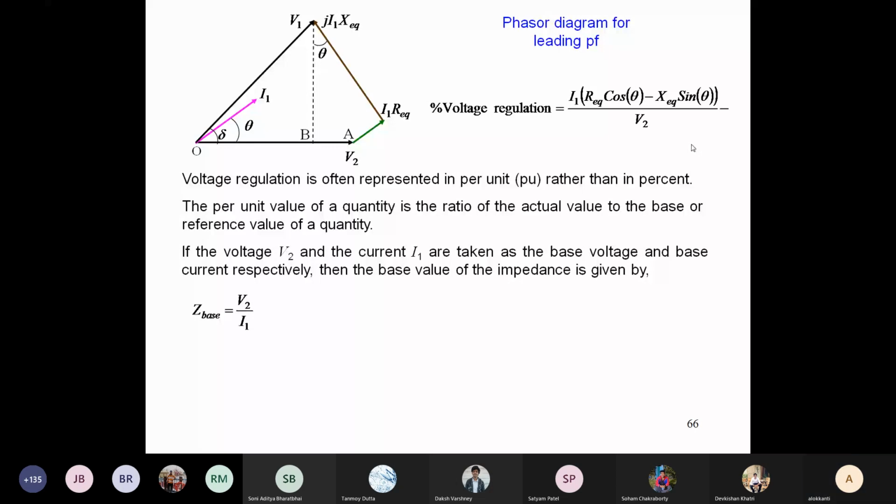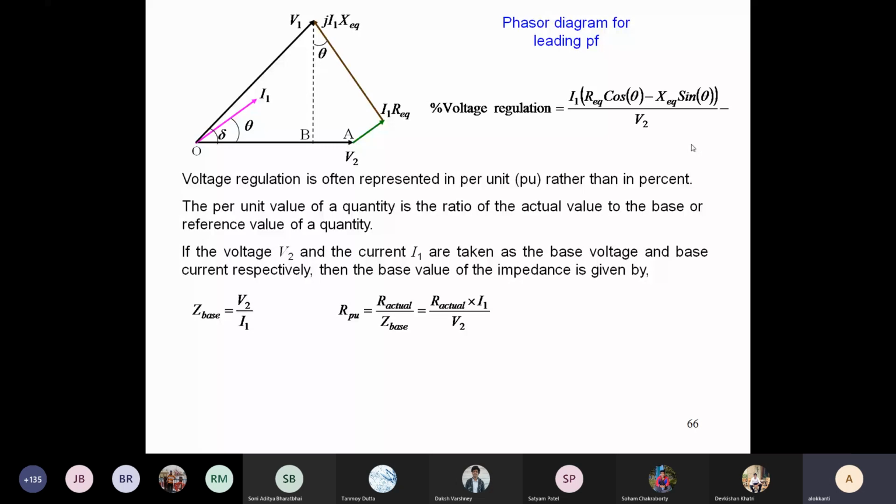So R per unit is nothing but R actual by Z base. R per unit is equal to R actual by Z base. If you multiply both the numerator and denominator by I1, it is R actual into I1 by V2. So I1 and V2 are basically the base quantities for the current and voltage.